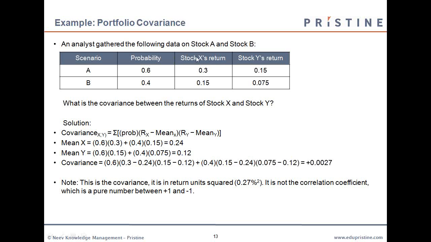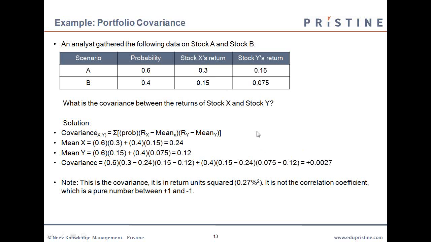The return of stock X in scenario A is 30%, and the return of stock X in scenario B is 15%. Similarly, the return of stock Y in scenario A is 15%, and the return of stock Y in scenario B is 7.5%. Right? So we have to calculate the covariance between the returns of stock X and stock Y.